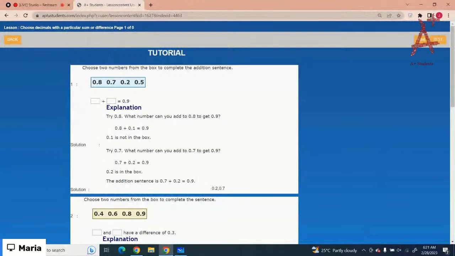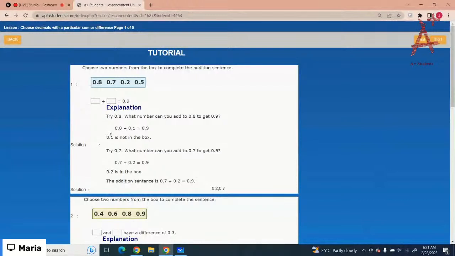You have to select any two numbers that sum to 0.9. So which two numbers sum to 0.9?